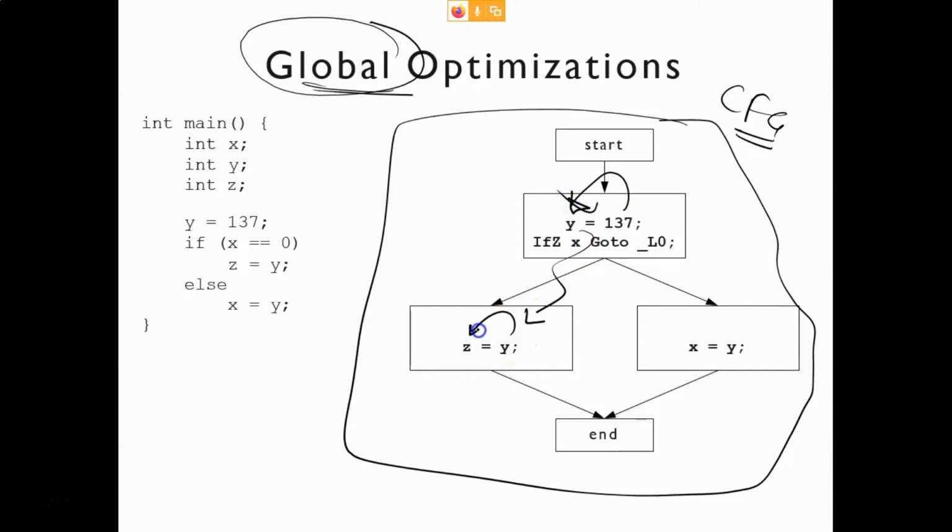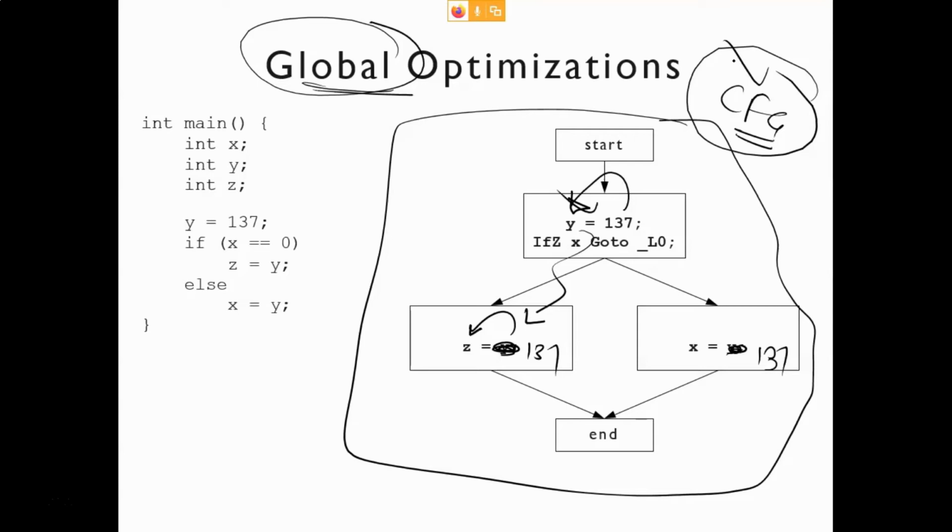So you can replace this y with 137, similarly this y with 137. But now you are doing the constant propagation between the basic blocks. So you can say this is global optimization, because now you are performing optimization on the complete CFG.